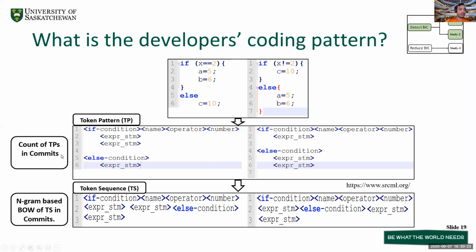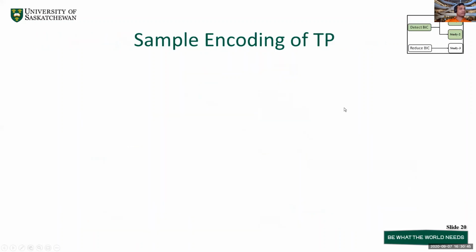These two values are then used to form a dataset representing each of the commits. That means in this way, I have made the representation of each commit using the TS and TP values to be used in machine learning models.